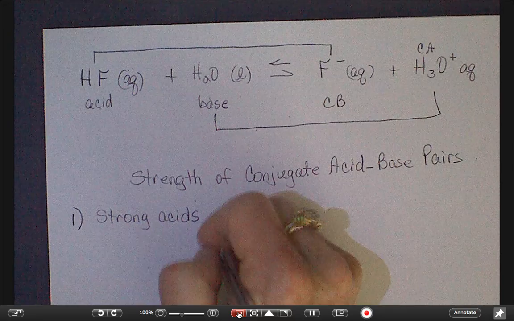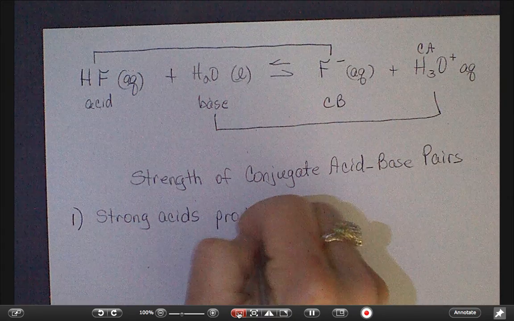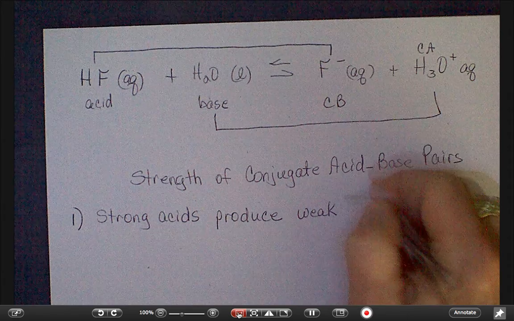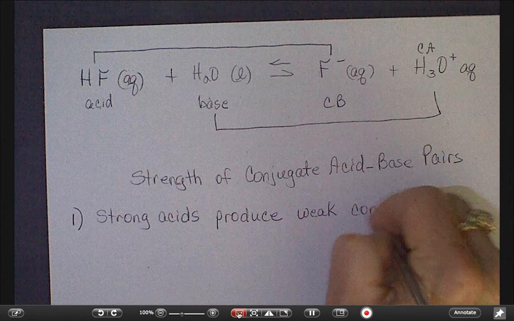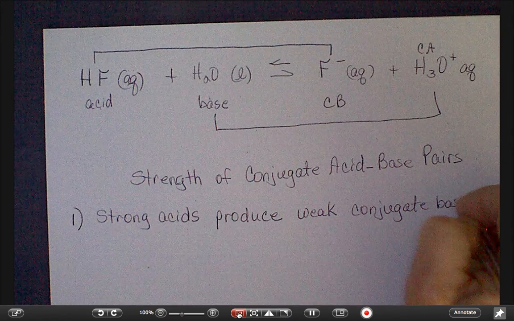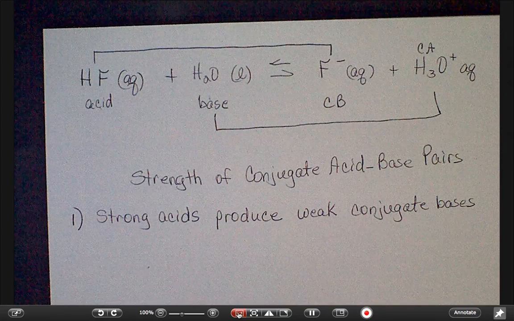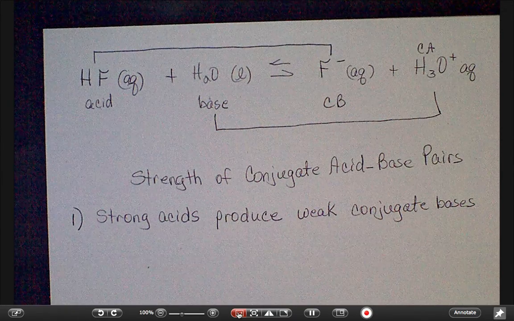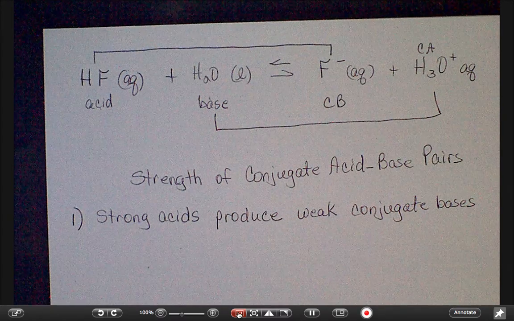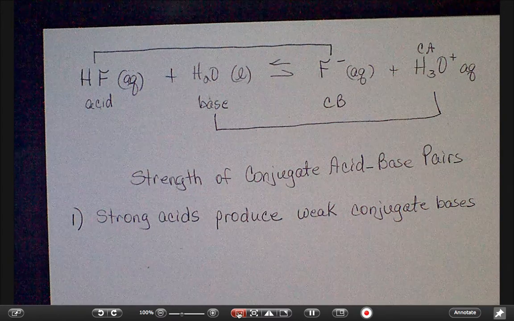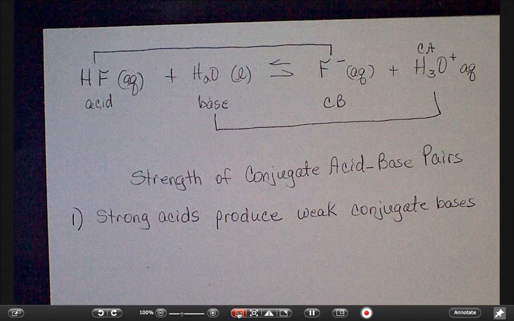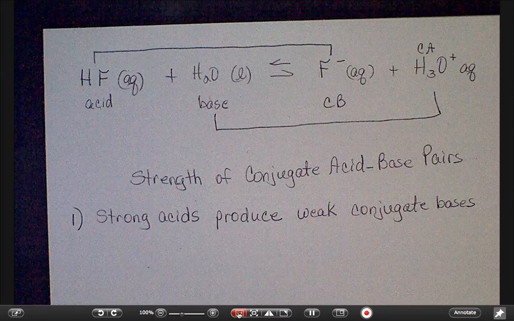Strong acids produce weak conjugate bases. Nitric, sulfuric, perchloric, hydrochloric, hydrobromic, hydroiodic. Strong acids.